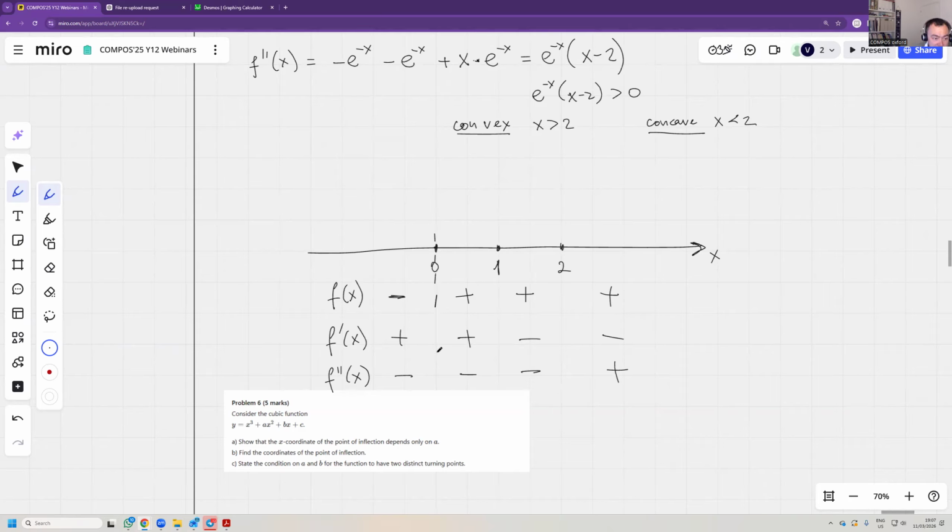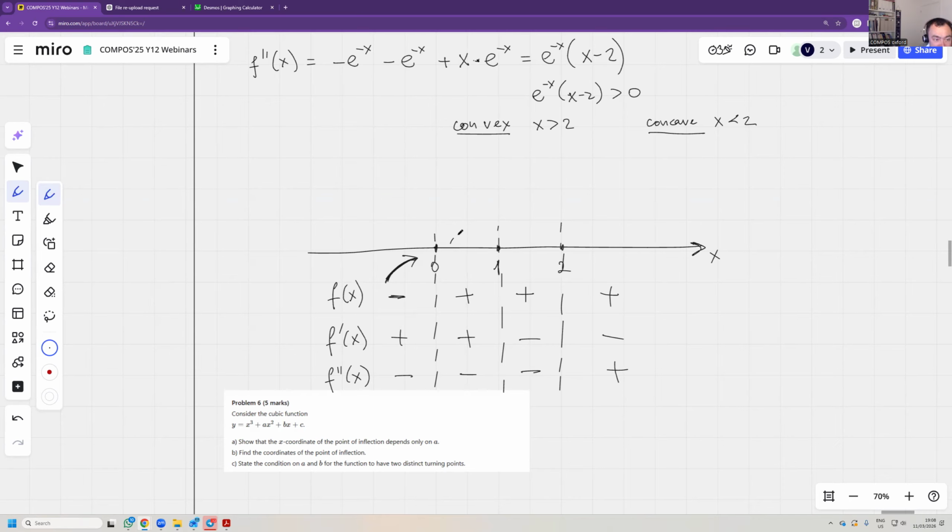And we can talk about the behavior. So if the function is negative, and it's increasing and it's concave, so it goes like this. It's below the x-axis. It is increasing and it's concave. Now, between 0 and 1, it's positive, it's increasing, and it's concave.